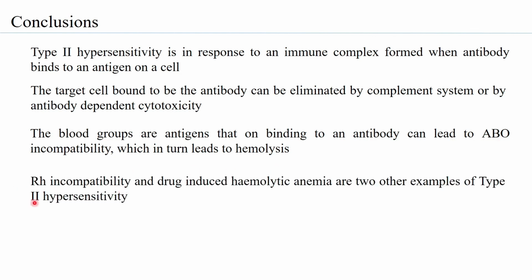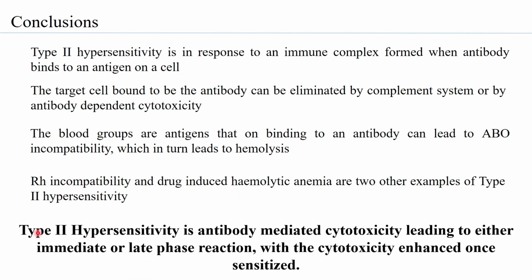Rh incompatibility, that is the hemolytic disease of the newborn, and drug-induced hemolytic anemia are two other examples of type 2 hypersensitivity. Therefore, type 2 hypersensitivity is antibody-mediated cytotoxicity, leading to either an immediate or late phase reaction, with the cytotoxicity enhanced once it is sensitized.